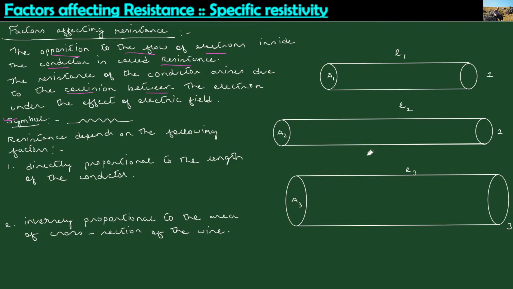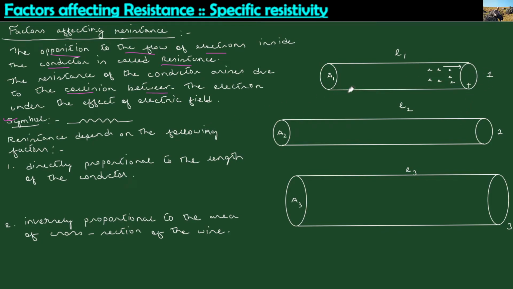Which means that when you look closely into this geometrical shape, if there are many electrons, and if this end is positive, all these electrons will move towards this side of the wire.